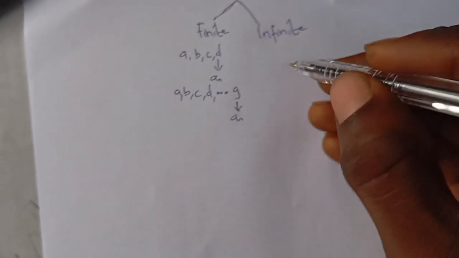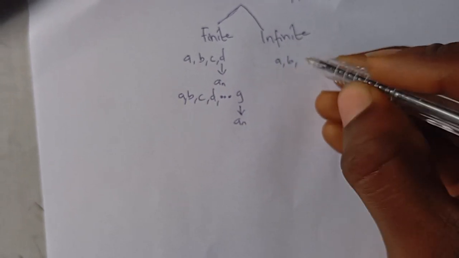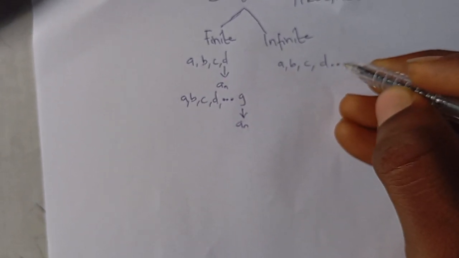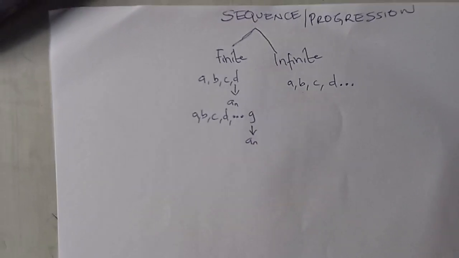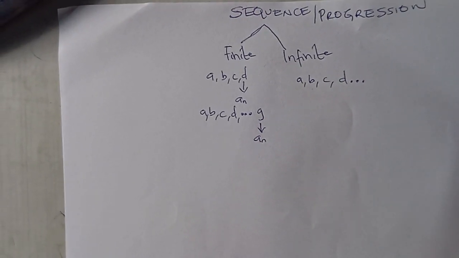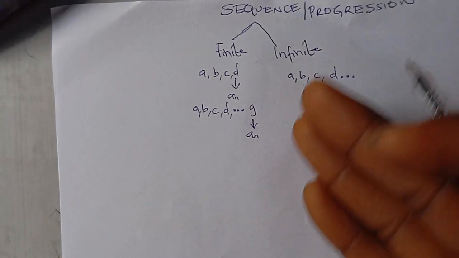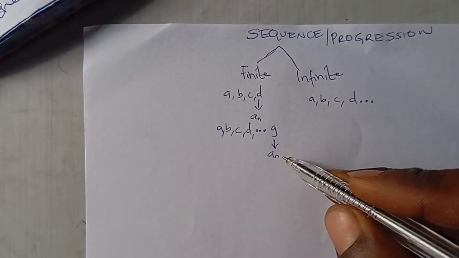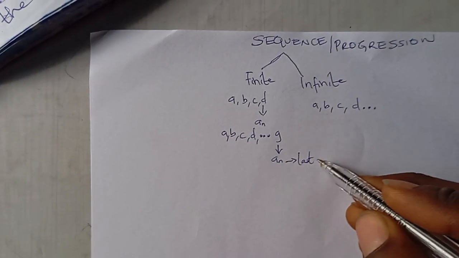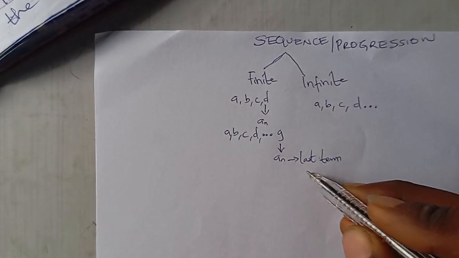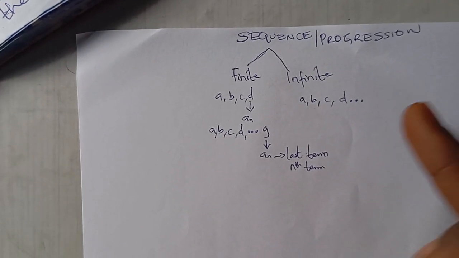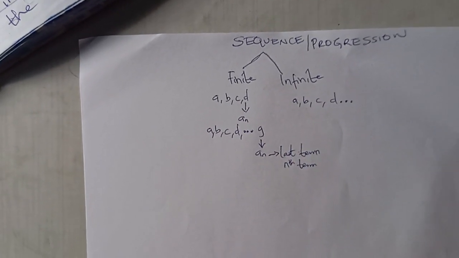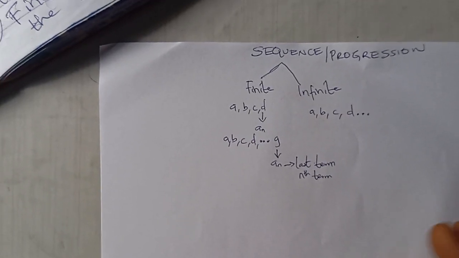But if we have a sequence, let's say A, B, C, D, dot dot dot, the nth term we don't know, so it runs continuously. That's an infinite sequence. The one where we know the last term, another name for it is the last term; we call it the nth term. But the one where we don't know the last term and it runs continuously is called an infinite sequence. It's important you note this.